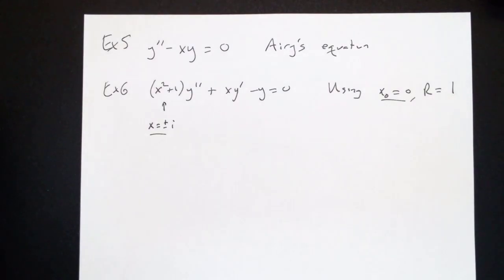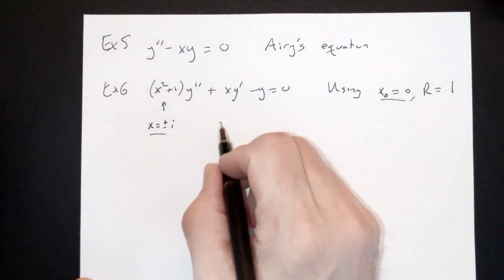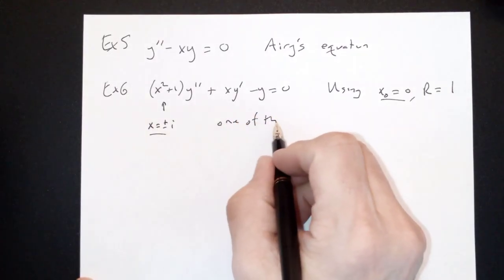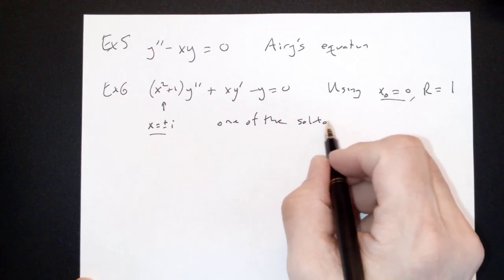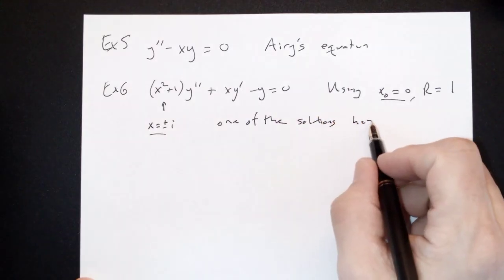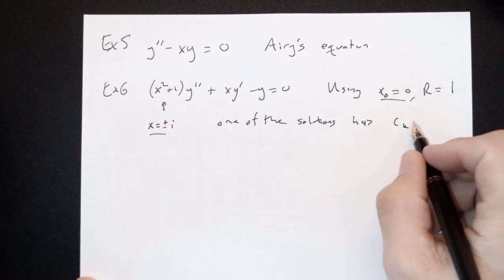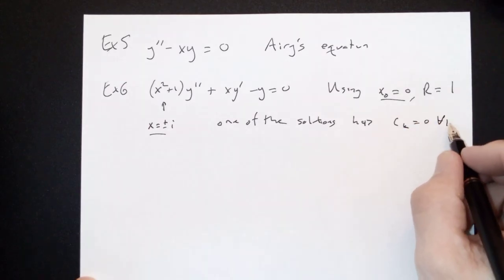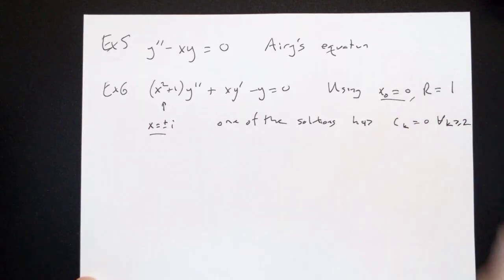If I actually work this one all the way out, one of the solutions has c_k equals 0 for all k bigger than or equal to, I think it's 2. Which means we end up with a polynomial.